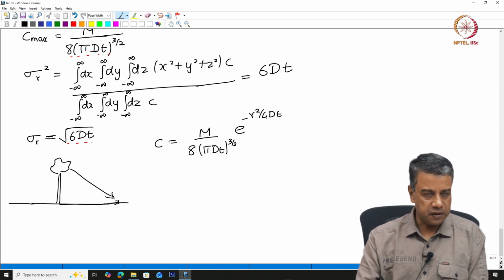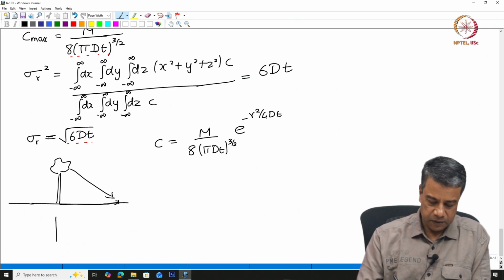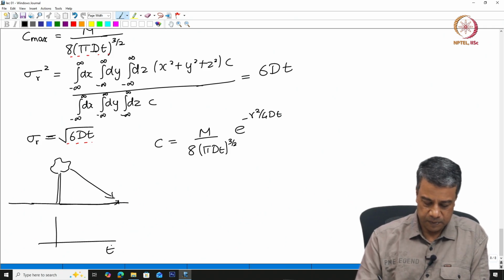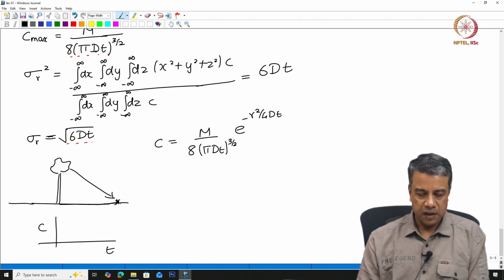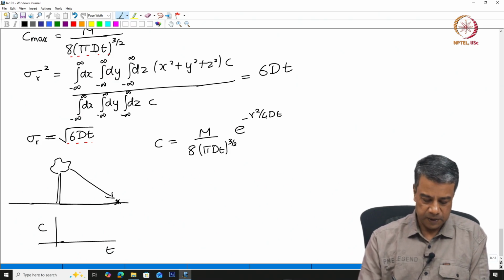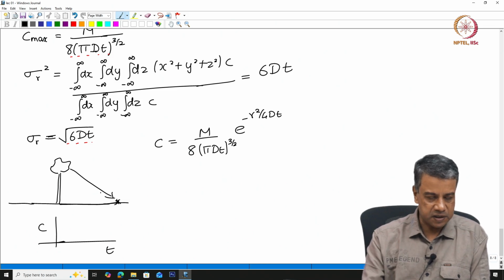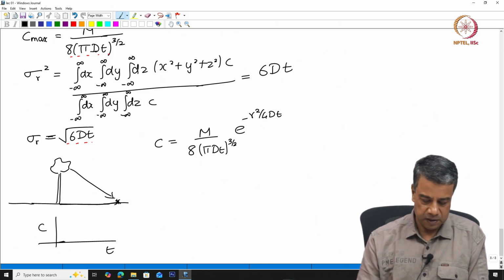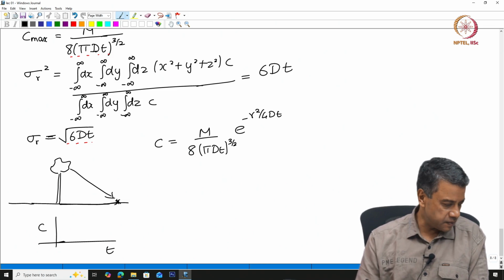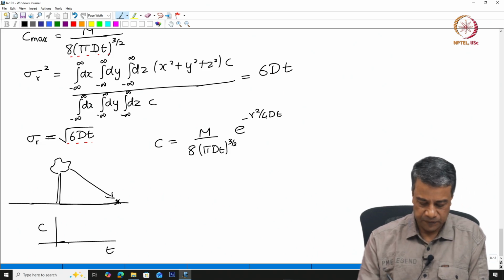If you are sitting at a particular location and follow the concentration with respect to time, initially it will be very small, because the diffusion length root Dt is much smaller than the distance to this location.